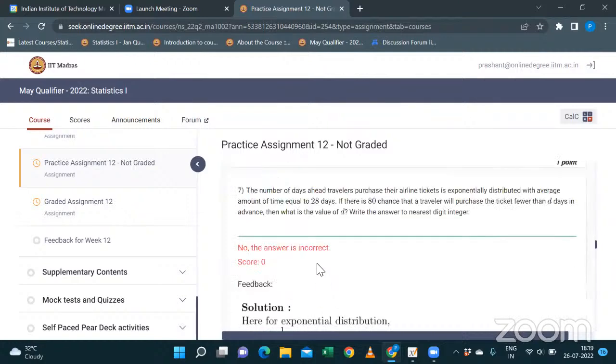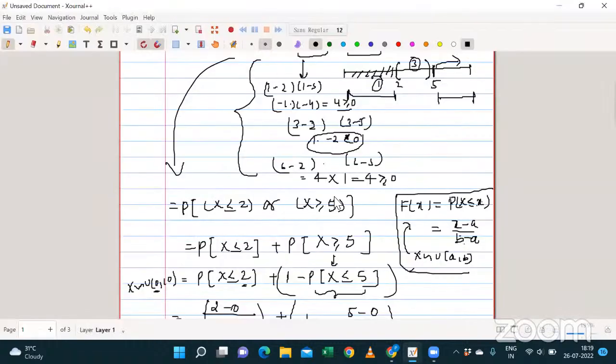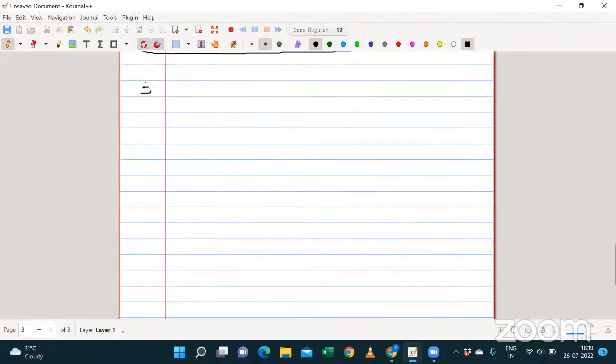Okay, let me explain. Initially, in the question, the number of days ahead travelers purchase their airline tickets is exponentially distributed with an average amount. Can you tell me what is the average of an exponential distribution? 1 by lambda. That means in the question it is clearly mentioned that the average amount of time is 28 days, right?